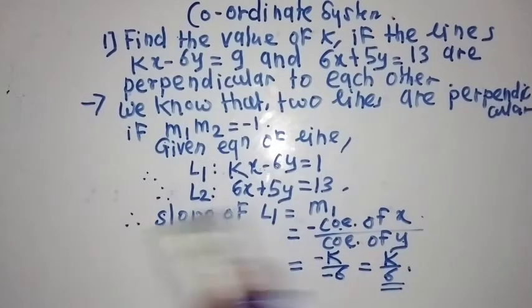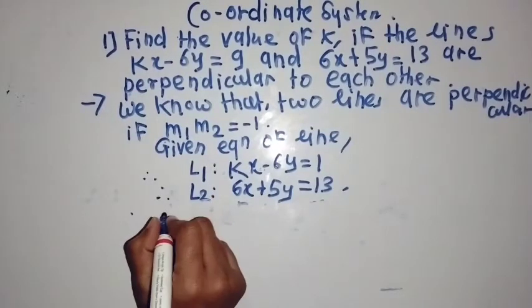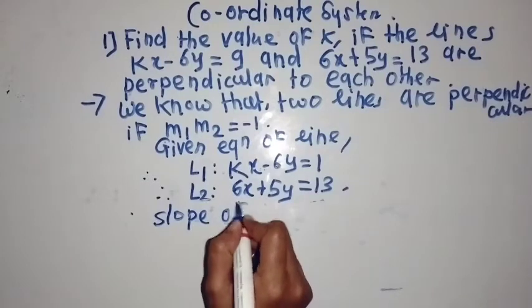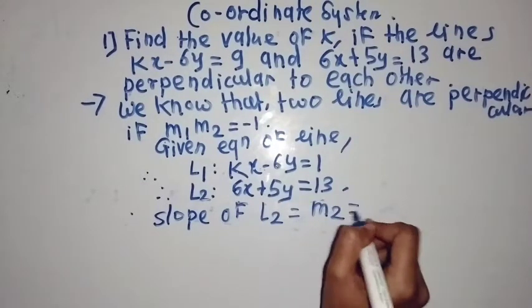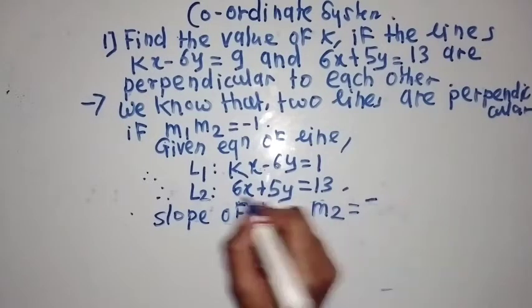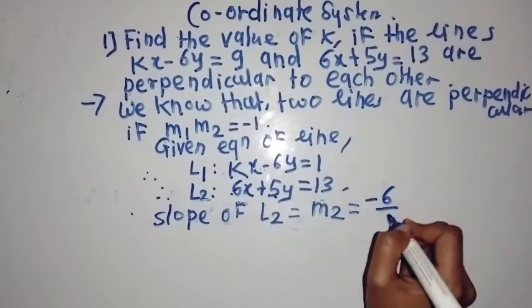Then we also find the slope of L2: m2 is equal to minus coefficient of x, so minus 6, upon coefficient of y.